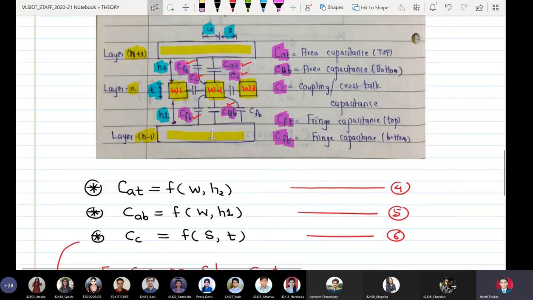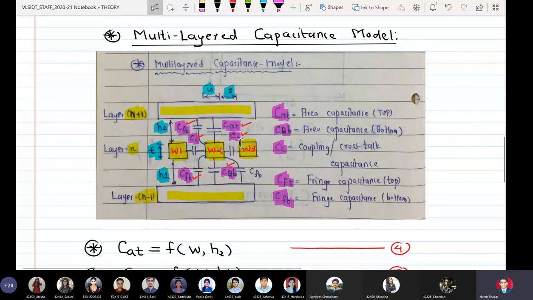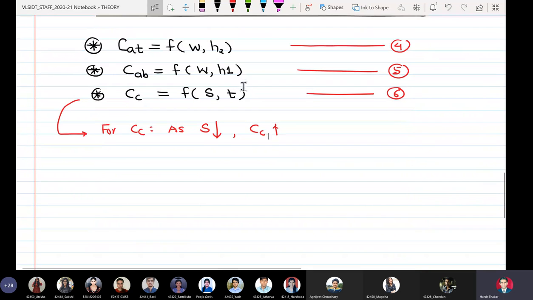It's very simple. If I bring the two wires W2 and W3 closer to each other, then the coupling will increase. That is why I say that when S reduces, the coupling capacitance will increase. So I have written for coupling capacitance CC, as S reduces, CC will increase.